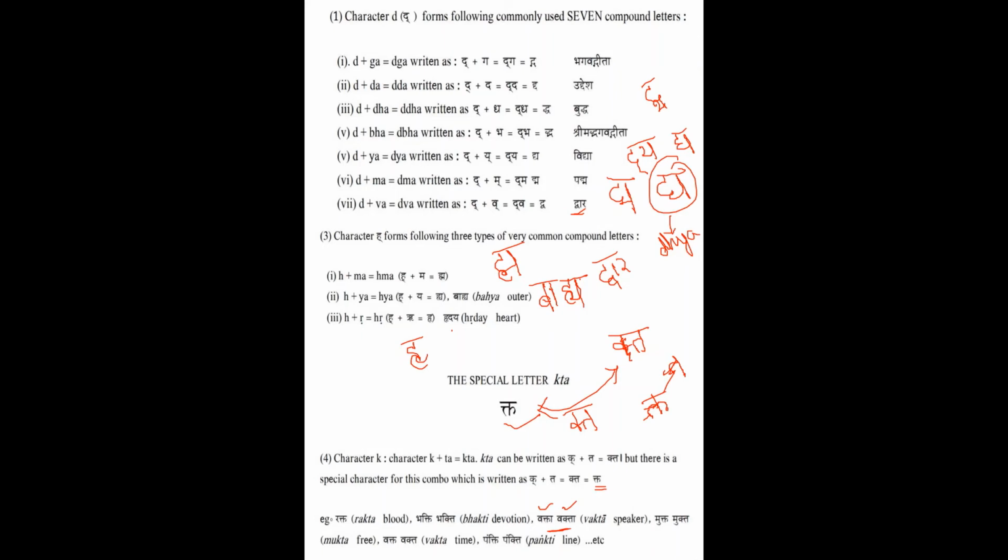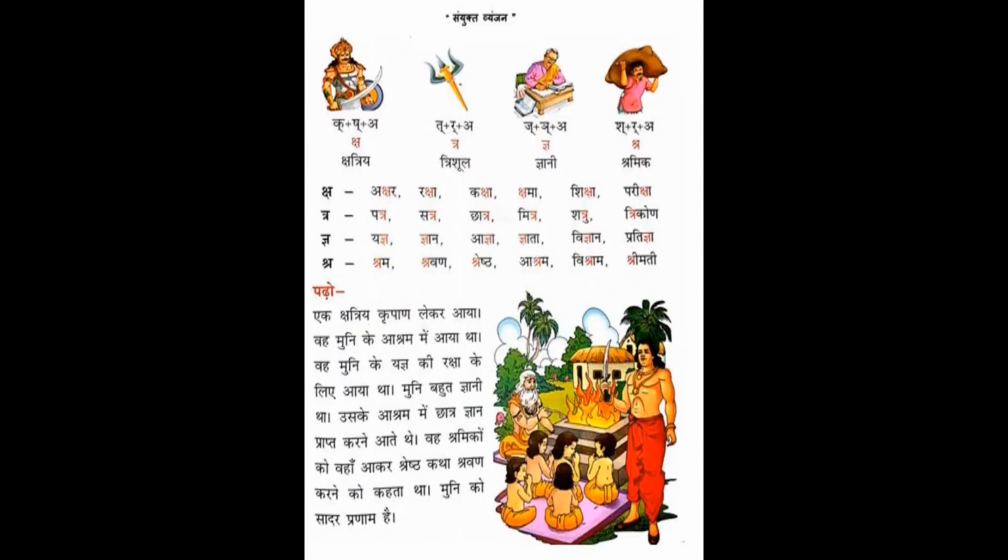This is about the compound letters, which you can call Samyukta Vyanjan, or Dvitva Vyanjan, like pakka, makka. Apart from ka, kha, ga, gha, there are ksha, gya, shra.